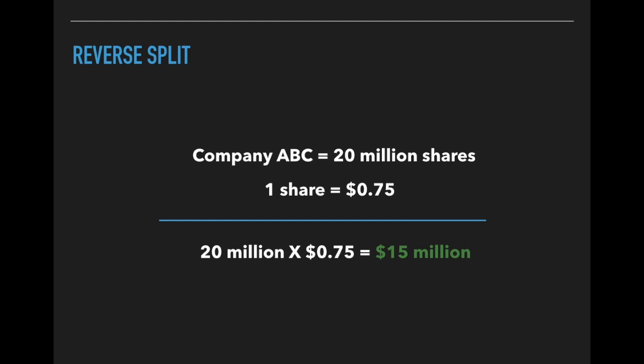We can't magically turn company ABC into a $40 million company overnight. So the market cap can't change. But what we can change is the number of shares available, which in turn will change the price per share. Because the number of shares and the current price combined still have to reflect the company's overall value.